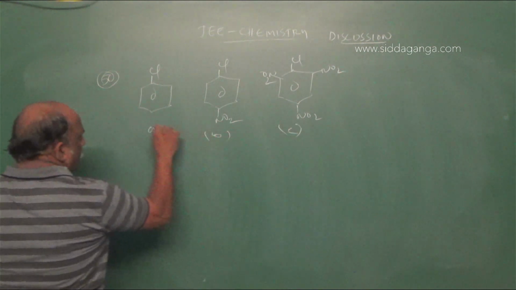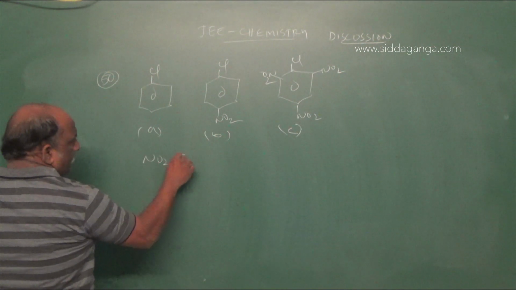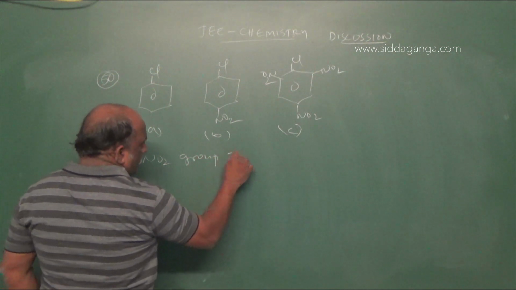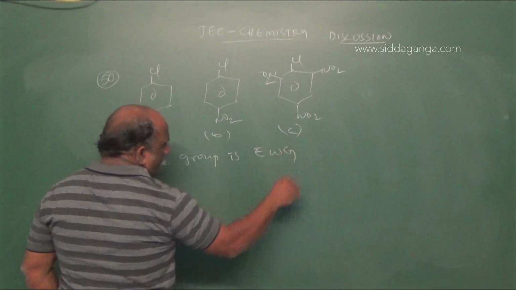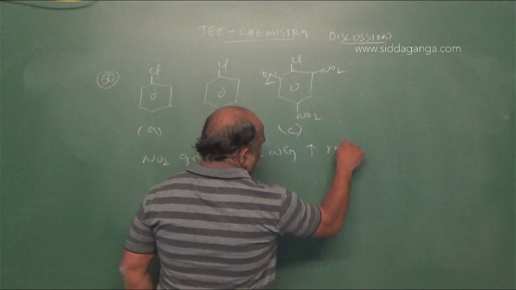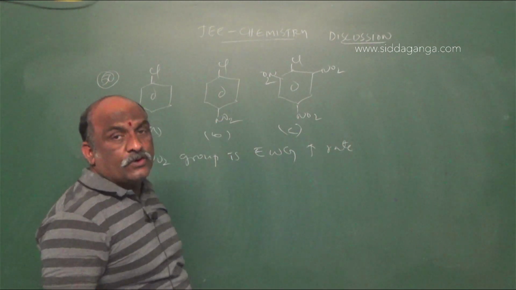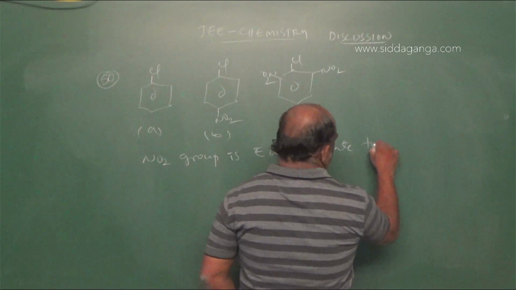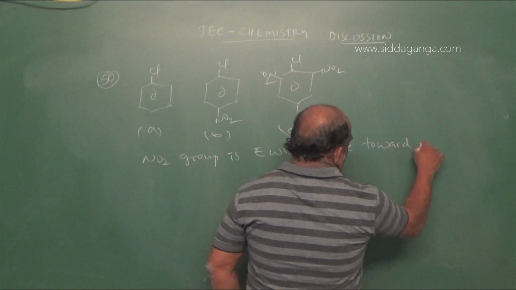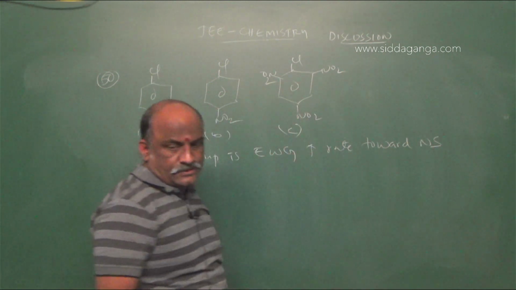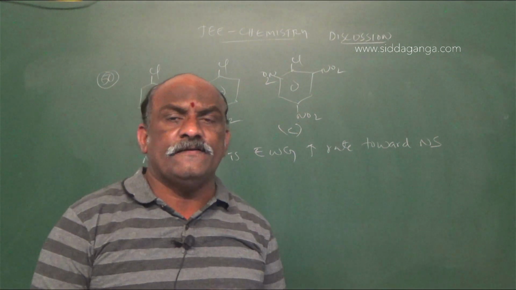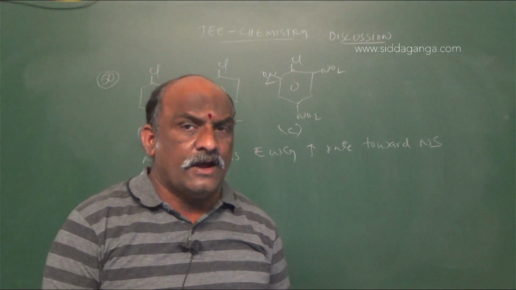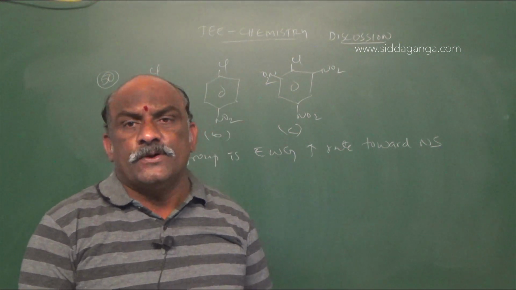Make a note: the NO2 group is an electron withdrawing group and increases the rate of reaction of halobenzenes towards nucleophilic substitution.